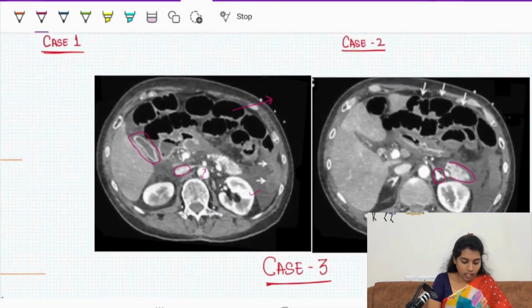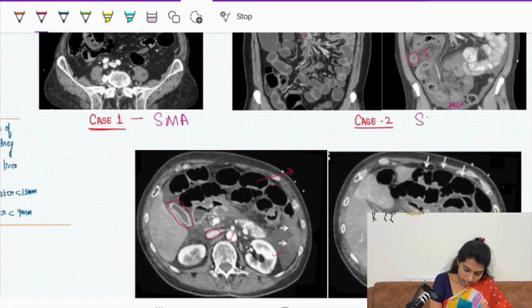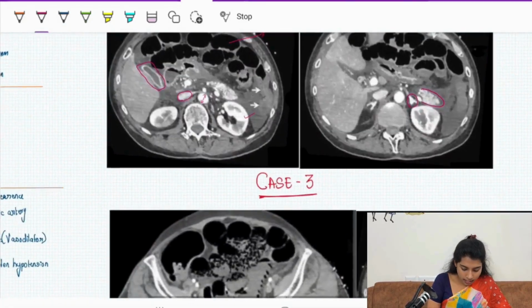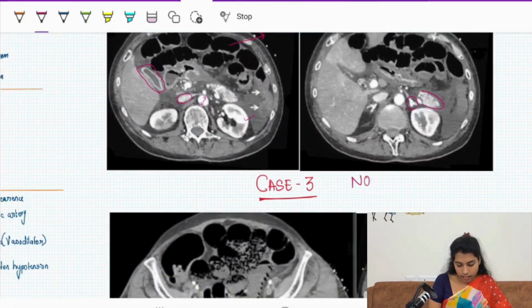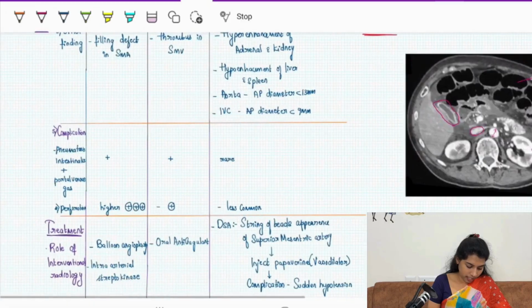So, now that we've looked at the three case scenarios, by now I guess you would have understood that the first case scenario is an SMA thrombus, the second case scenario is that of an SMV thrombosis, the third case scenario is non-occlusive mesenteric ischemia. Now we look at the differences between all three cases, right?